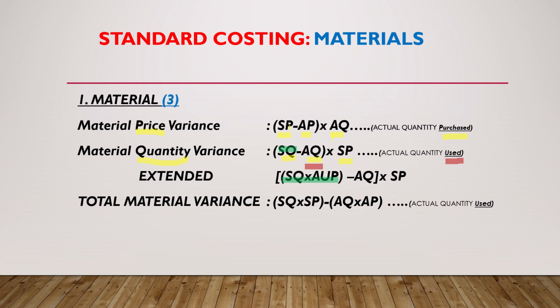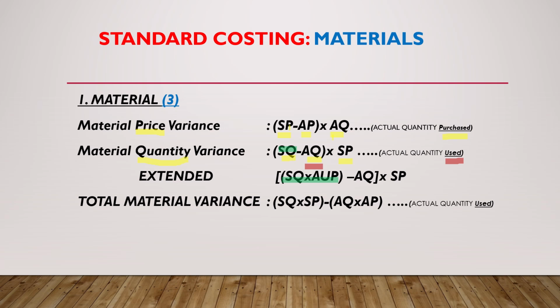And then the third and last formula for material is total material variance, whereby you compare the whole standard side, that is the standard price and its quantity, with the whole actual side, that is the actual price and its quantity.